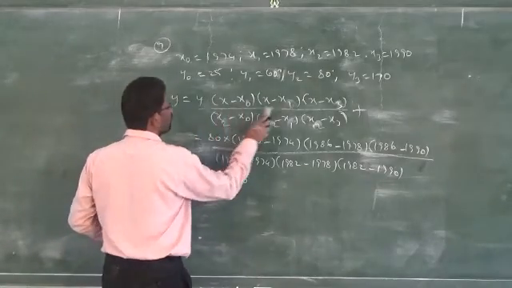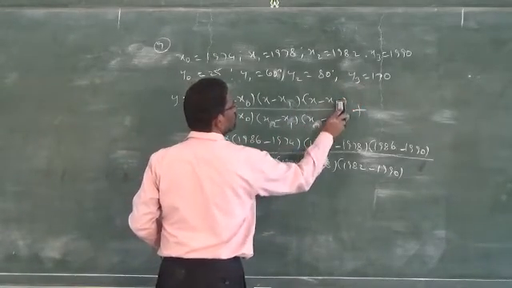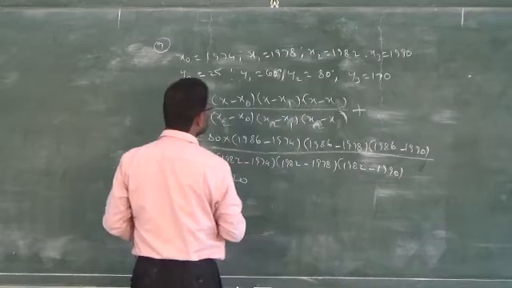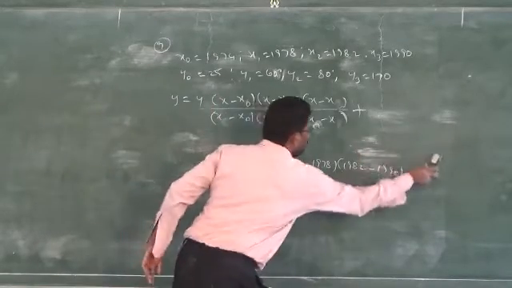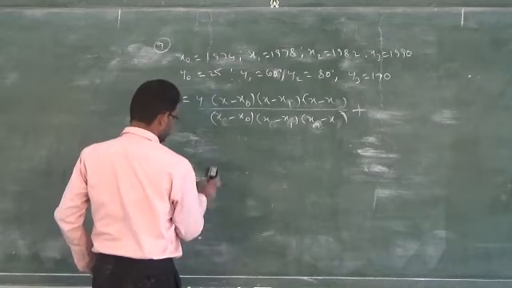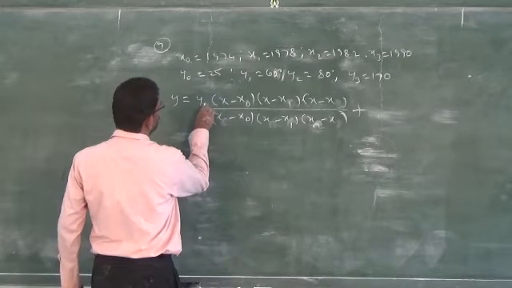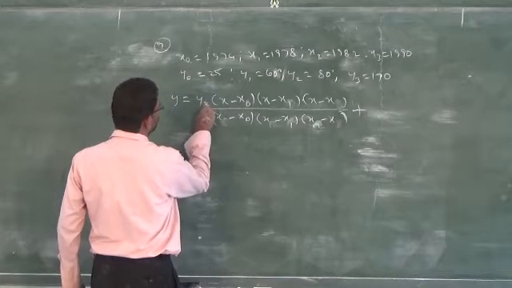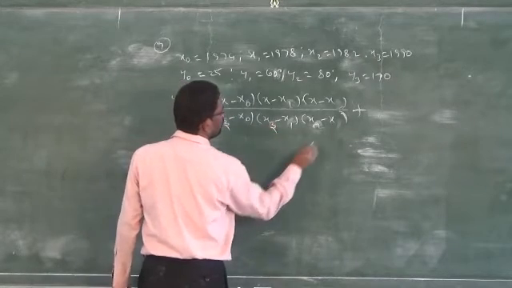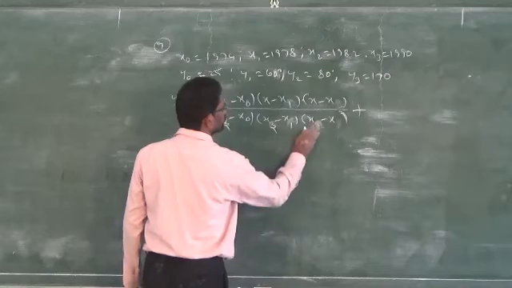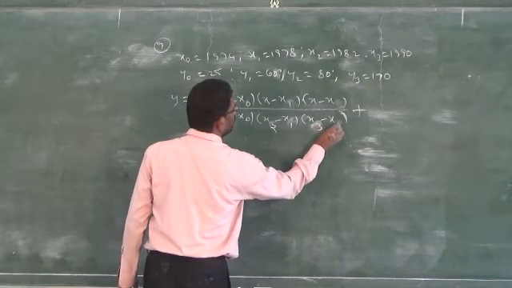The next and last one, because we have only y3, so you have to change. Start with the y3. Here x3, what will come here? x3, x2.